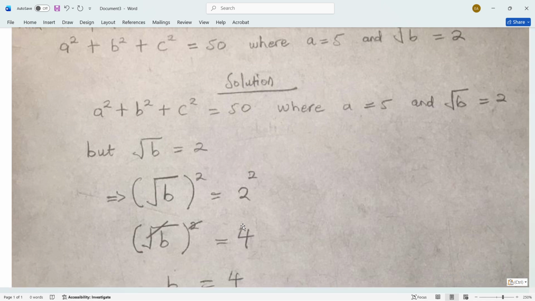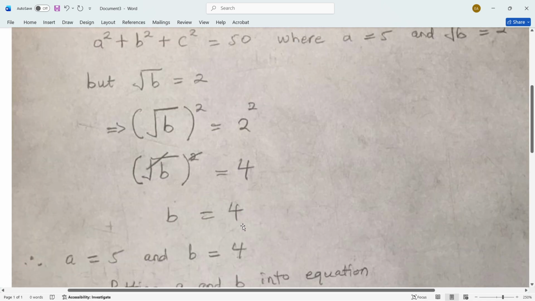Squared means 2 multiplying 2, twice the number 2, which is 4. So our b is 4.